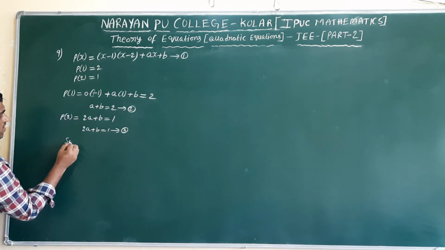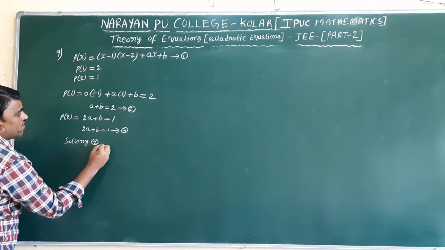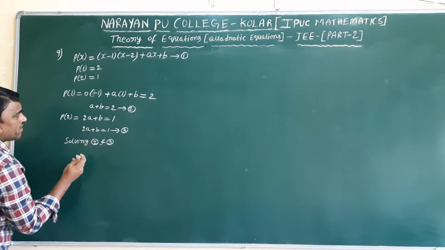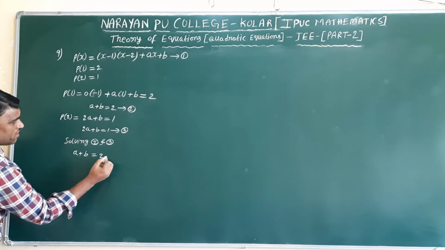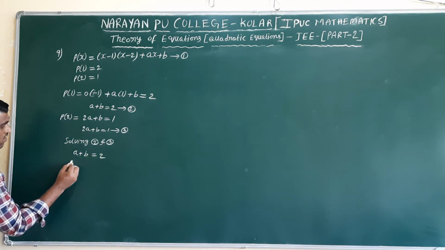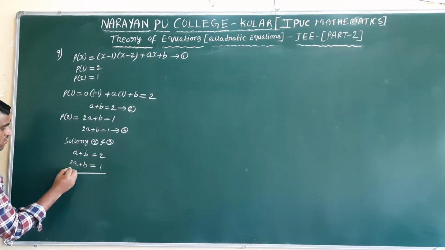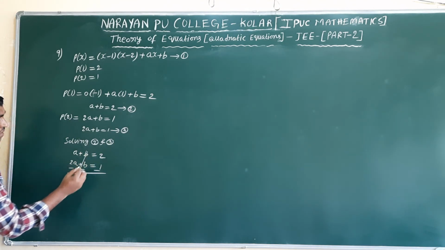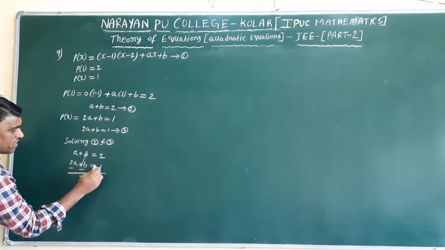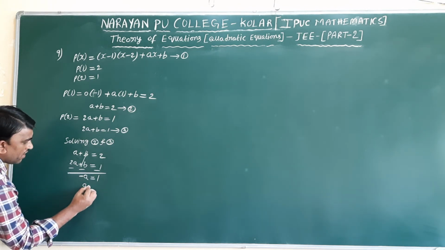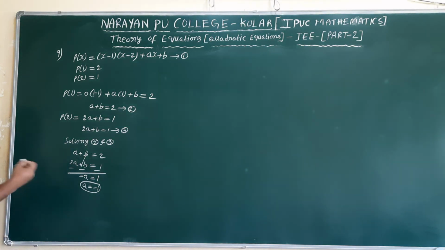Solving equations 2 and 3. Equation 2 is a plus b is 2, third equation 2a plus b equal to 1. Subtract these two, b cancelled, a minus 2a is minus a, 2 minus 1 is 1, so a value is minus 1. You can substitute the a value in either 2 or 3.